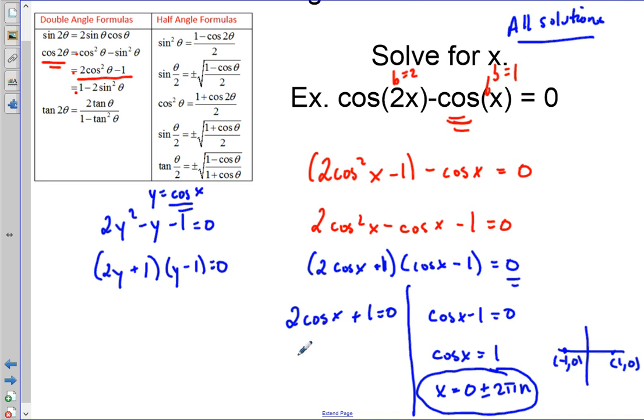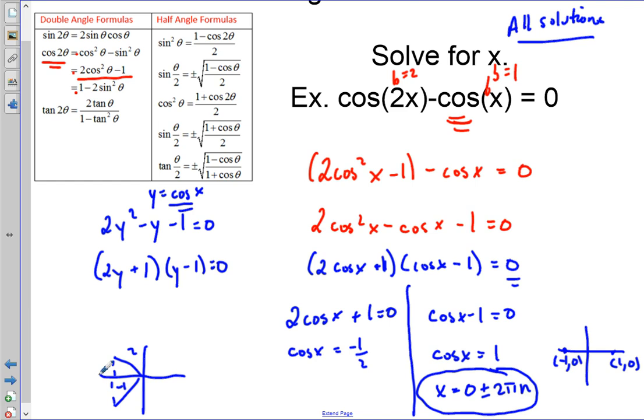Over here, we're going to have cosine of x equaling minus 1 over 2. And if you draw your little grid right there, you can see that cosine is negative in the second and third quadrant. We have negative 1 and 2 here. Well, what is that angle?